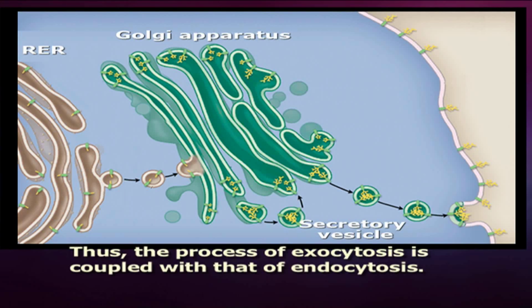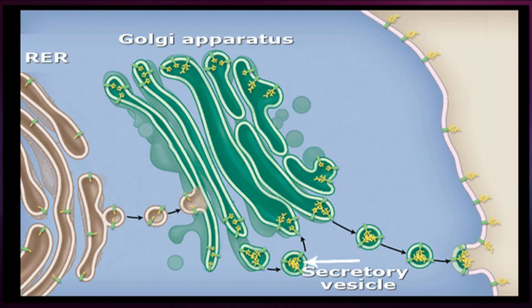Thus, the process of exocytosis is coupled with that of endocytosis. The specificity of this recycling process depends on the formation of coated pits and vesicles which separate the membrane patches from the plasma membrane by the mechanism of selective endocytosis.